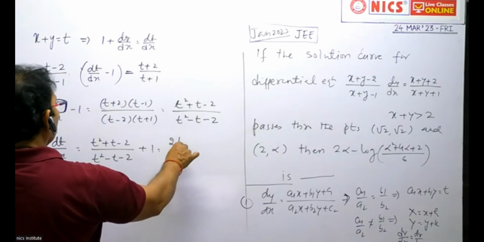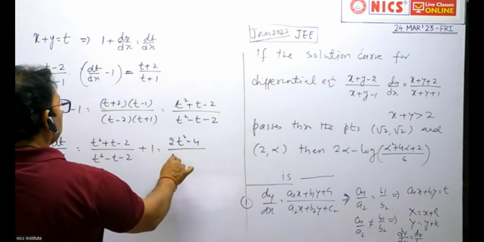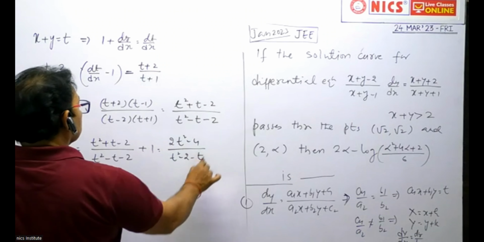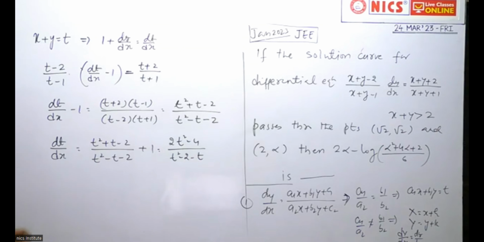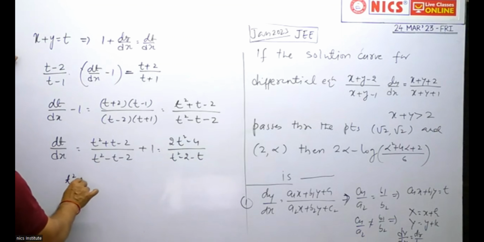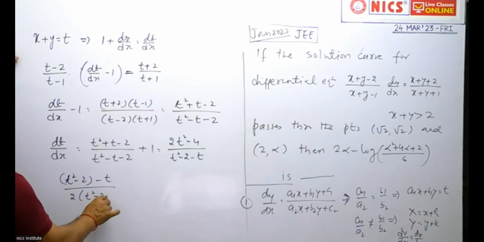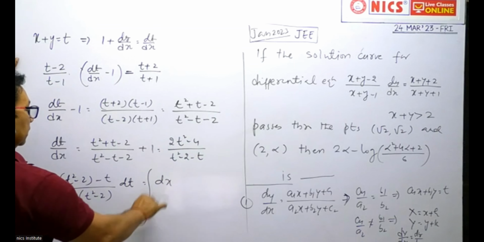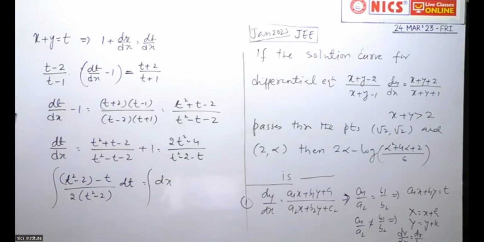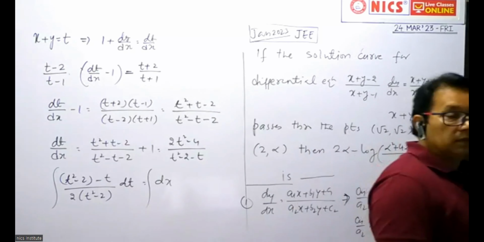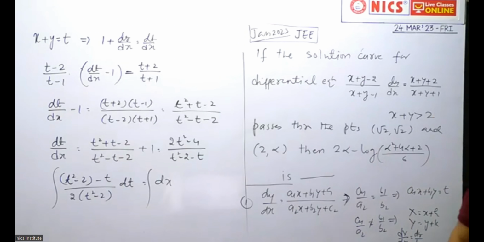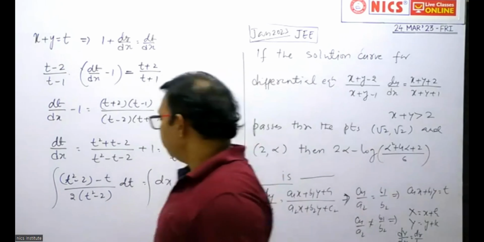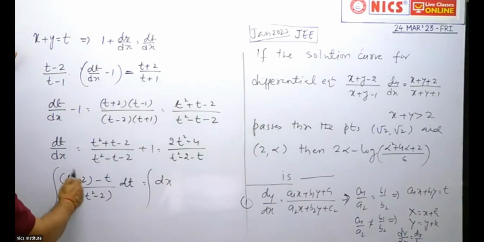Take LCM, it will be (2t square minus 4) divided by (t square minus t minus 2)... Separate the variables, take 2 common, dt, and this is dx. And then integrate both the sides. Separate the variables, t with dt, and then divide individually. So when you divide individually, it will be like this.